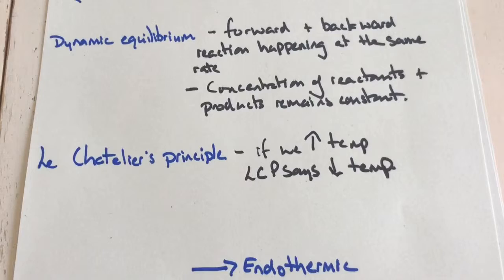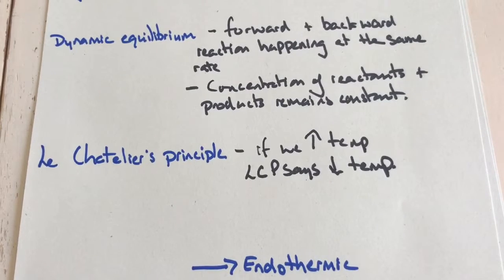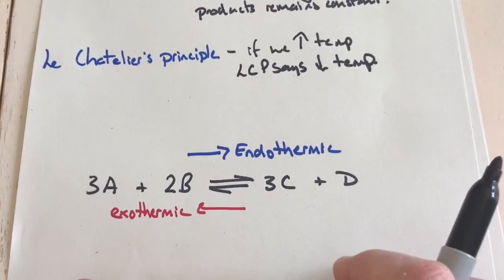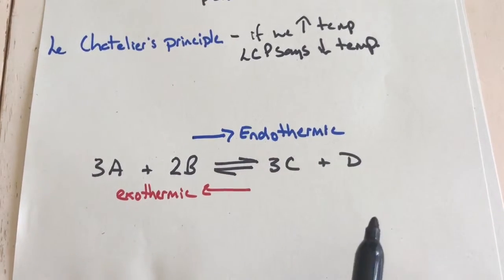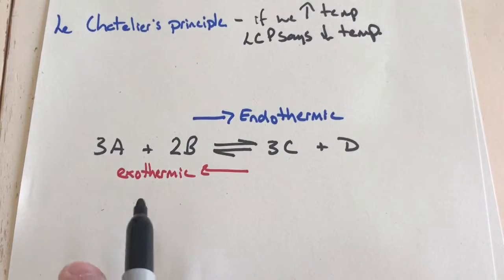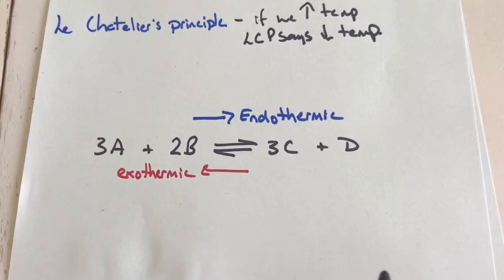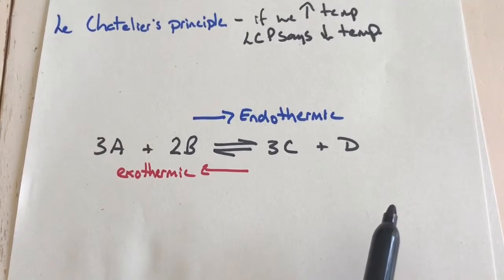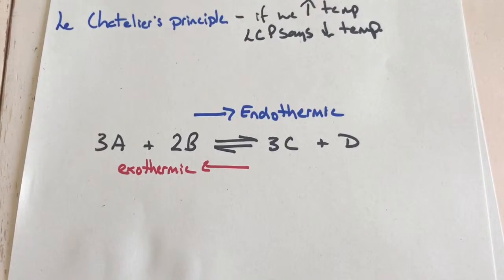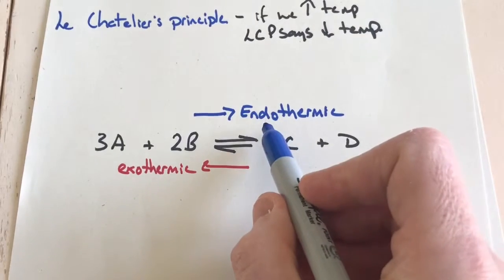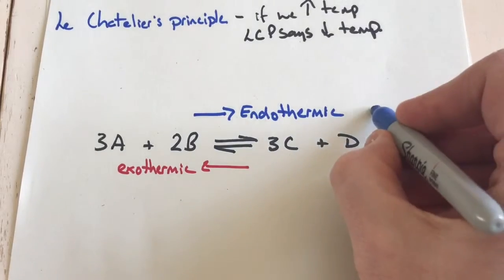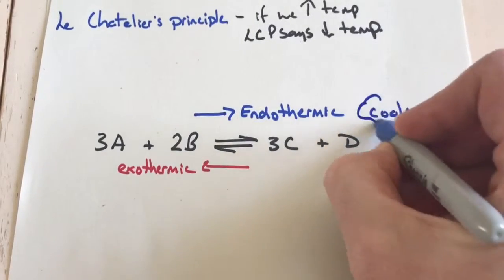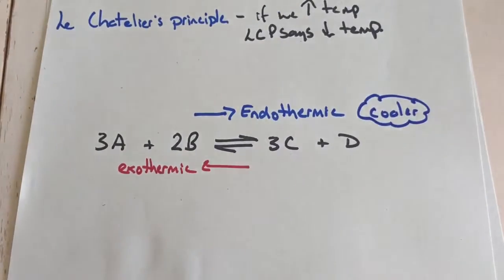The best way to understand this is to give an example. Underneath here I have an example reaction. I've just made some letters up to help us understand the basic ideas, and this can be applied to any equation at all. You always have to be told which direction is endothermic and which direction is exothermic. Let's remind ourselves, endothermic means energy is being taken in, and that means the surroundings will become cooler.